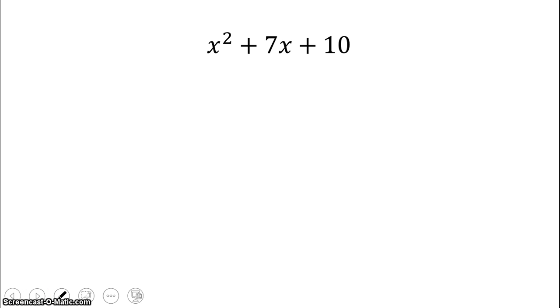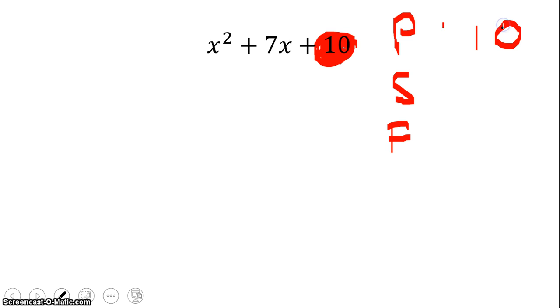And when we get something like this, what we're trying to do is find numbers that multiply to give 10. The way I set my working out is I put P, S and F. So the product, which is our c term, is positive 10. Our S, our sum term, is 7, and we need to think of ways to make 10.